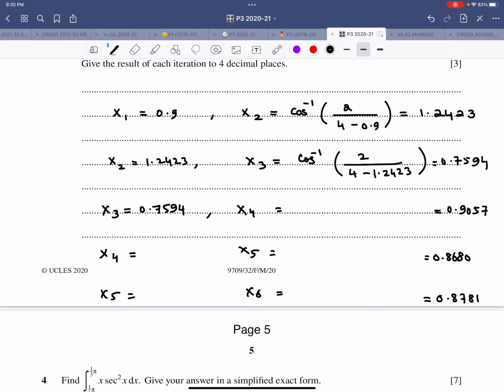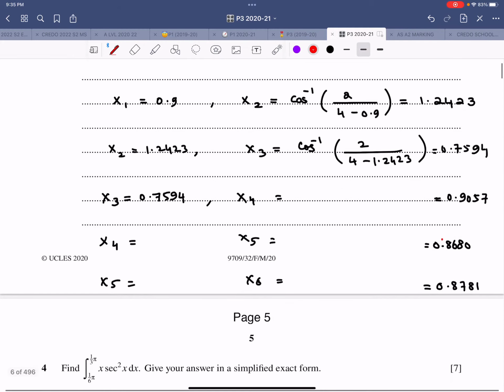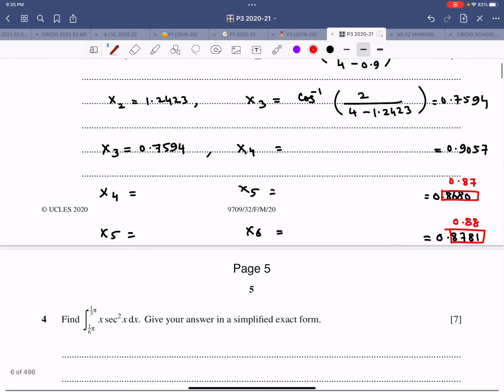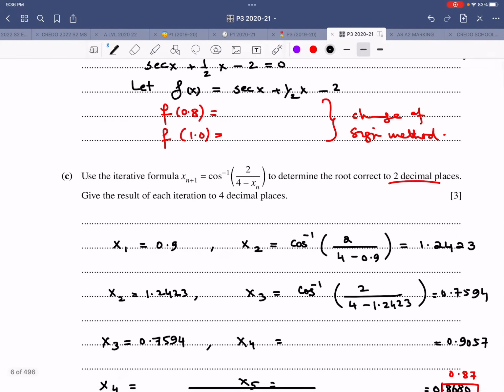I think this is enough, because it says correct to 2 decimal places. 0.8680 becomes 0.87. 0.8781 is becoming 0.88. Therefore I think one more step is needed. x6 is this value, and x7 would give the answer correct to 0.88 or maybe 0.87. So you don't know for sure what the root of the equation is.